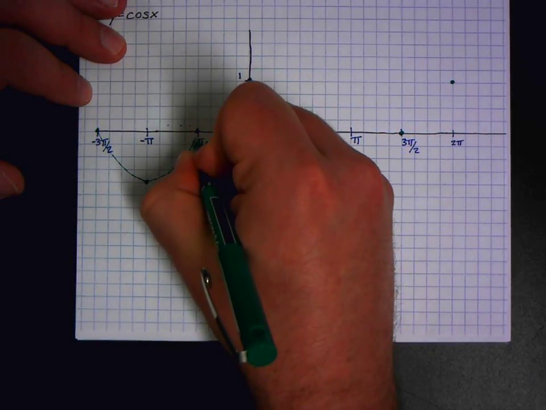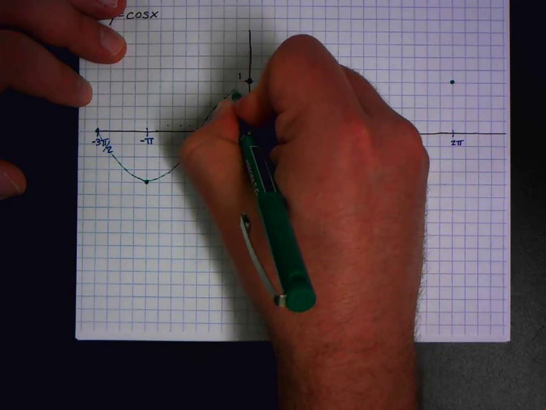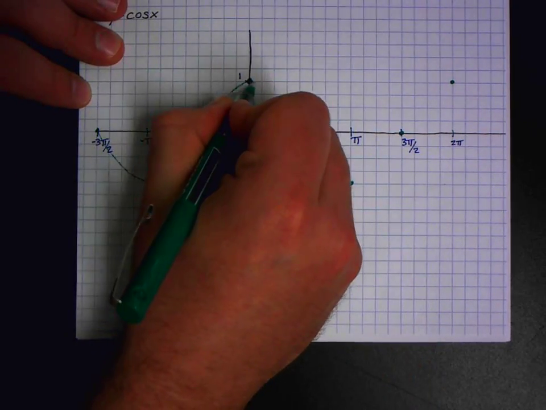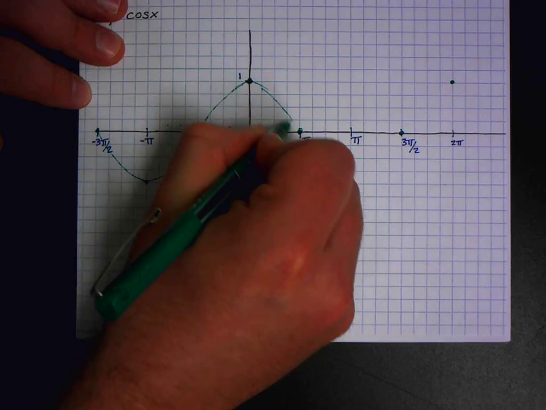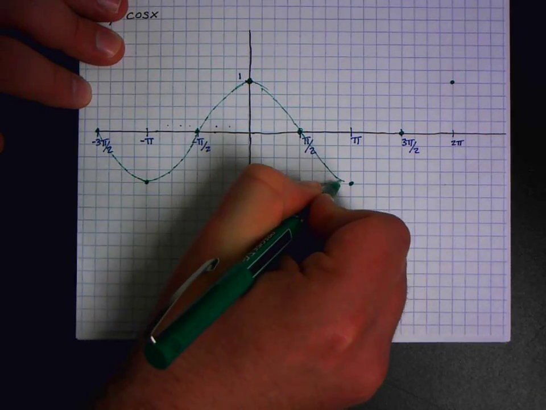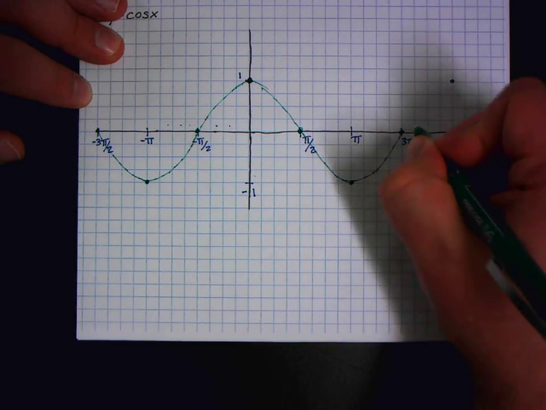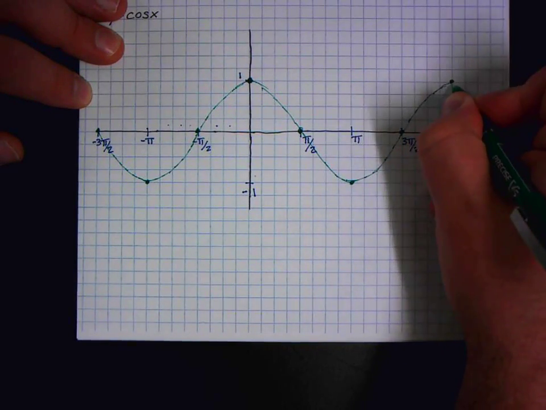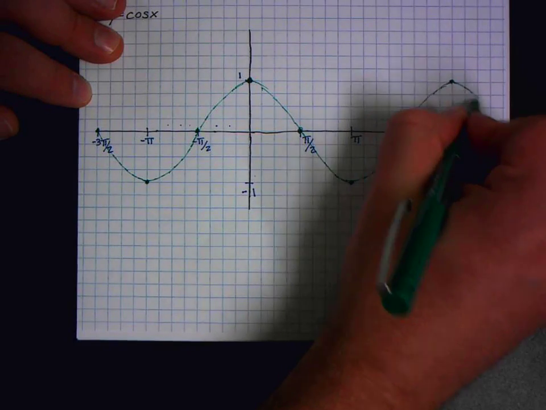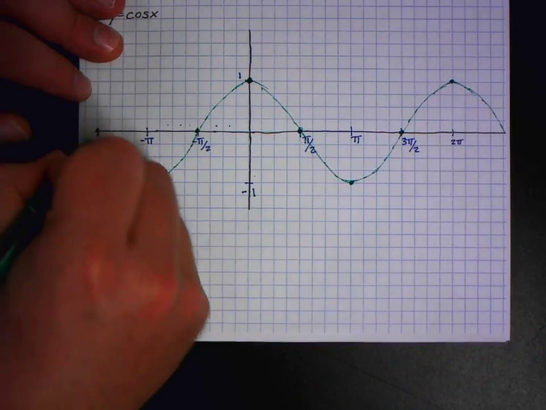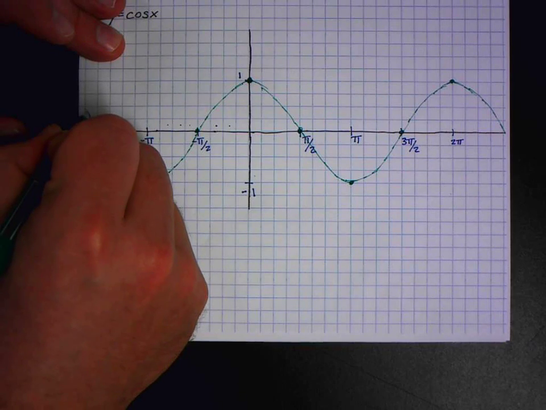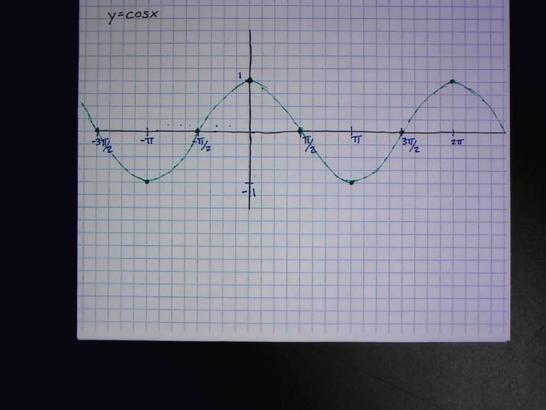It's just shifted over. So instead of the peak being at pi over 2, now the peak is at 0.